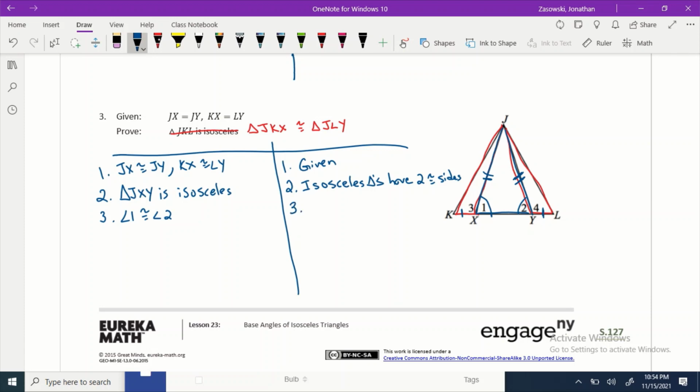Okay, and this is going to be the base angles of an isosceles triangle are congruent. Oh, spell that wrong. Okay, now our job is to get 3, right, congruent to 4.